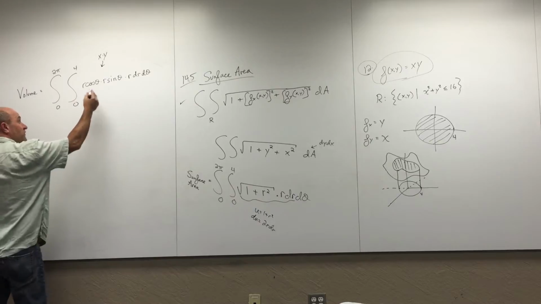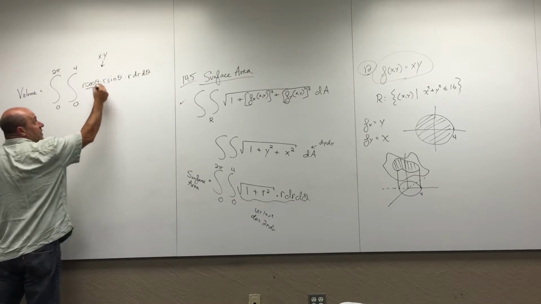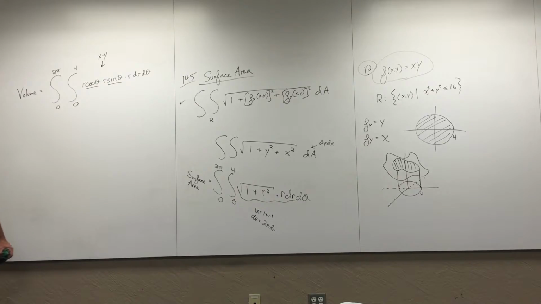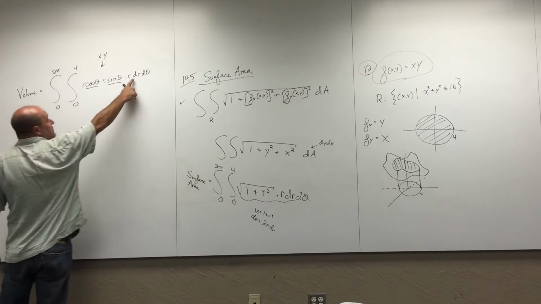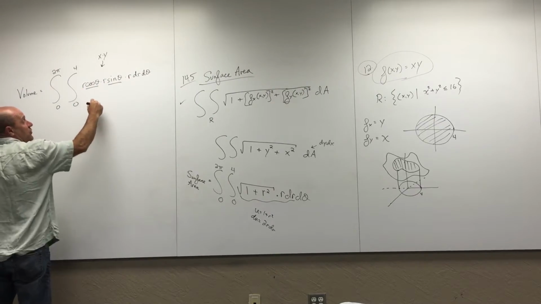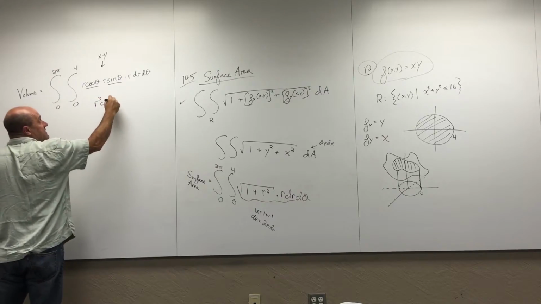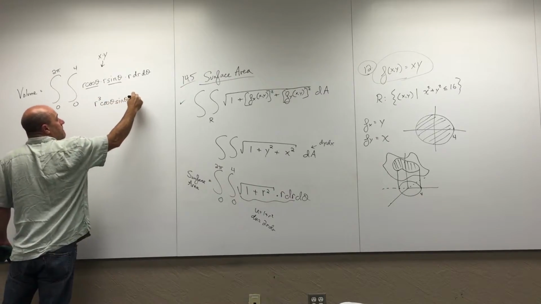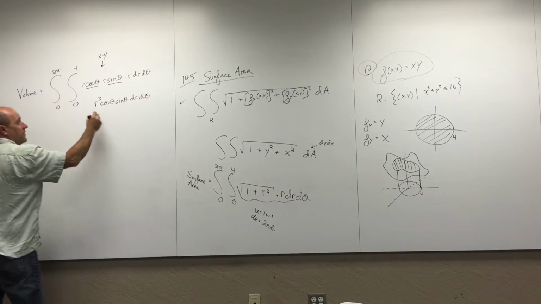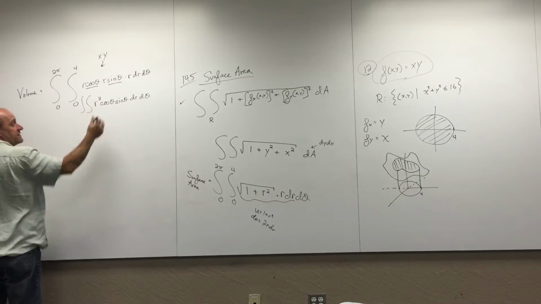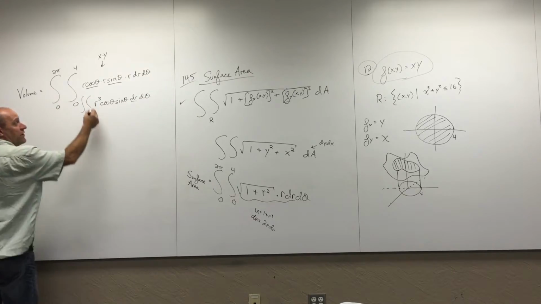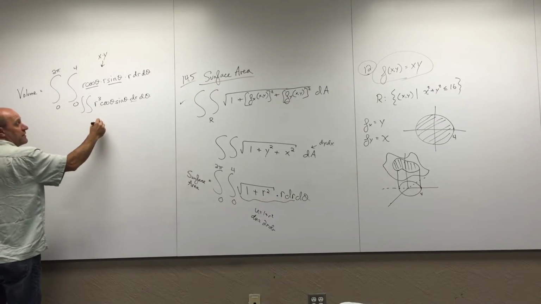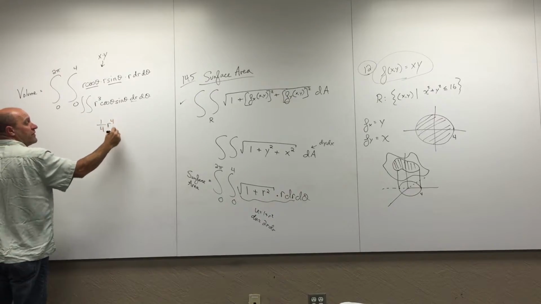For the first integral, you treat the cos theta and the sine theta like they're constants. You're integrating with respect to r, and you actually have an r cubed. That's a constant, and then you integrate this. With respect to r, you integrate the r cubed and you get 1/4 r to the 4th.